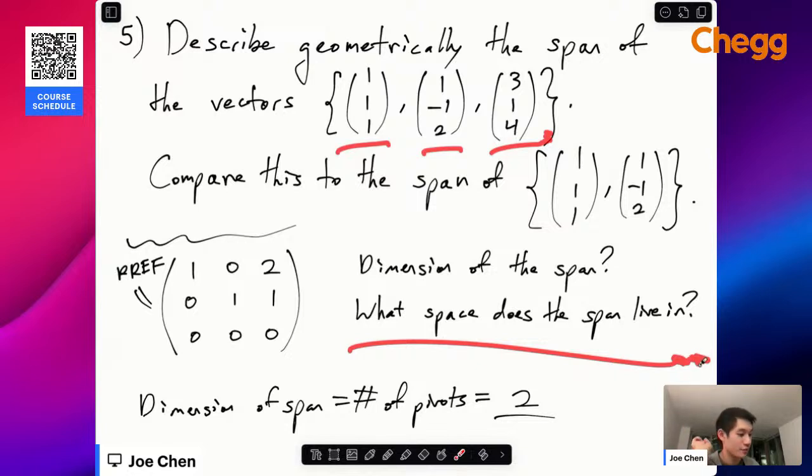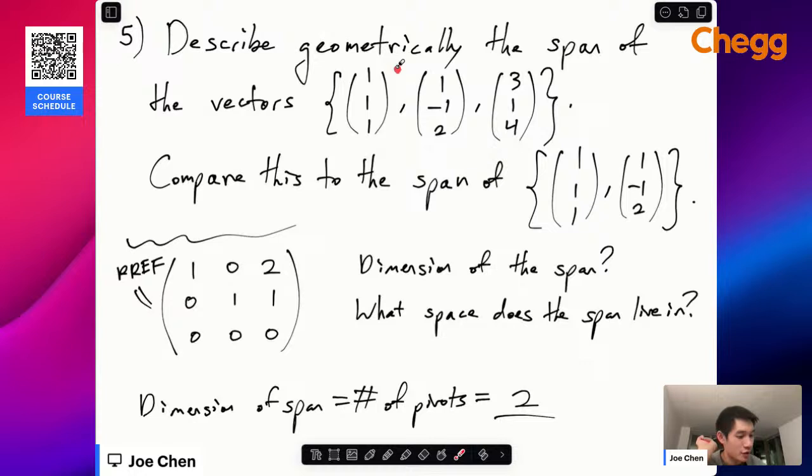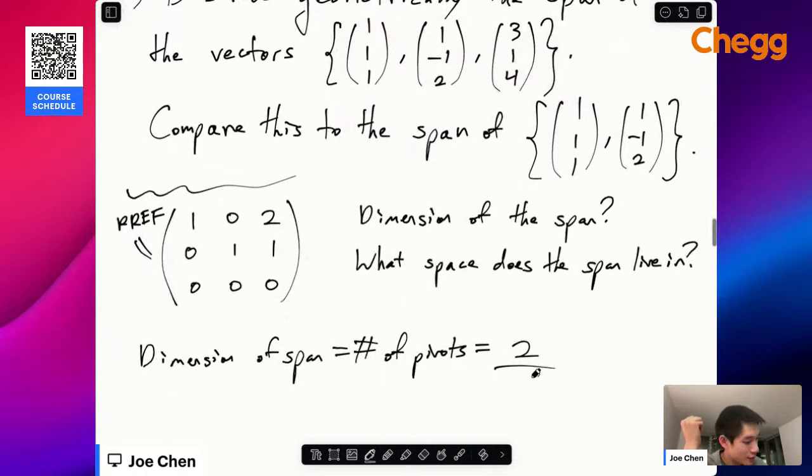So here you can take a single vector like this and see how many entries it has. Here it's 3. And so that means that the span lives in R3.